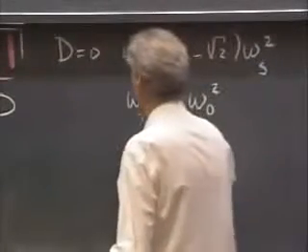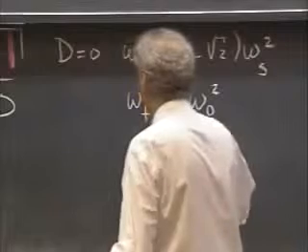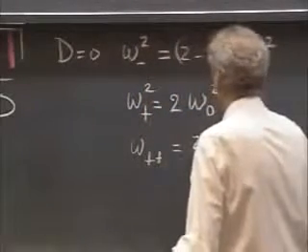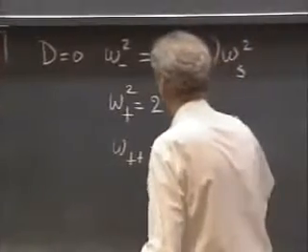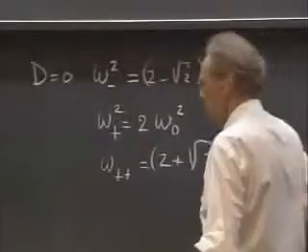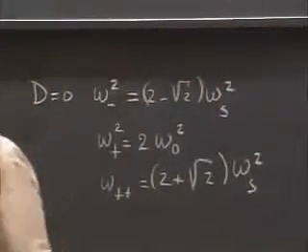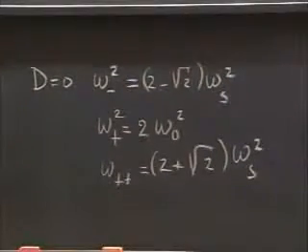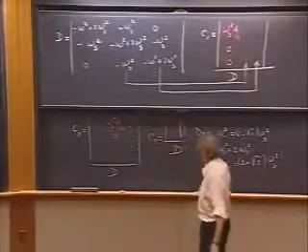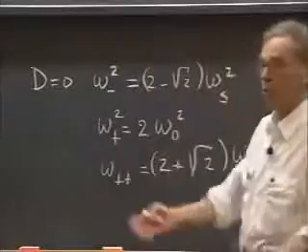And the one that follows then, which I will call omega plus plus, is going to be 2 plus the square root of 2 times omega s squared. None of these are, of course, intuitive, but none of the resonance frequencies of our coupled double pendulum were intuitive. There's just no way that you can even look at this and say, oh yeah, of course.